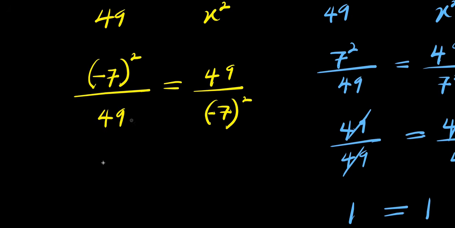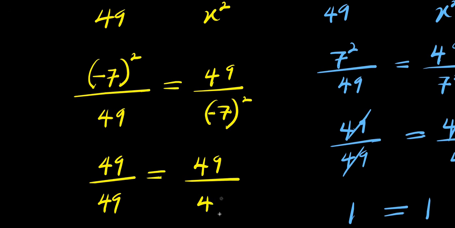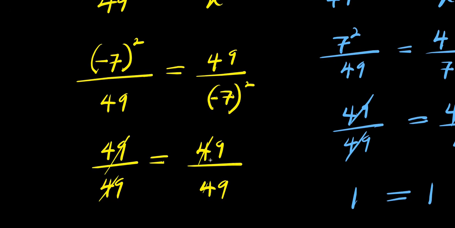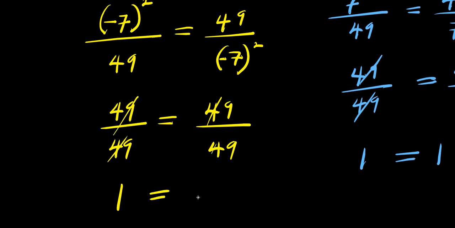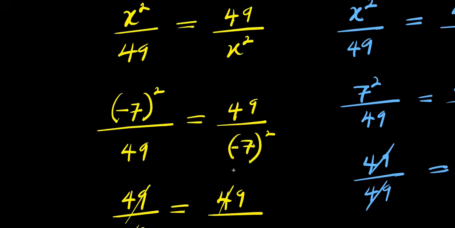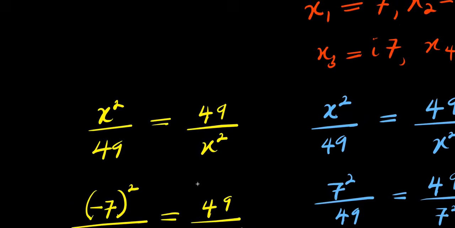Negative 7 power 2 is 49, because negative to the power 2 is positive, and 7 power 2 is 49. Divided by 49 equals 49 divided by 49. This cancels this, so we have 1 on both sides. These two have satisfied the equation, so let's head over to the complex solutions.